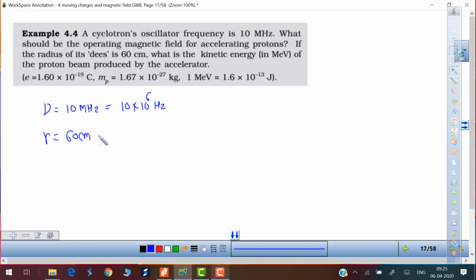If the radius of the D's are 60, so R is equal to 60 centimeter is equal to 0.6 meter. What is the kinetic energy of the proton beam produced by the cyclotron?